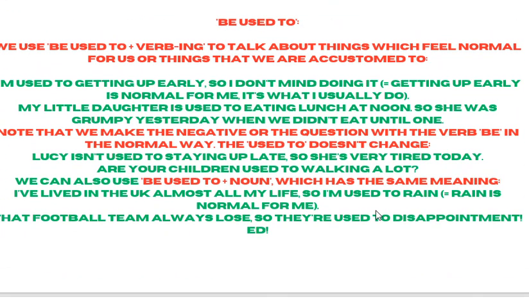He lived in the UK almost his whole life, so whenever there is rain, he can go out. Even if he gets wet, no problem, because he is used to rain.